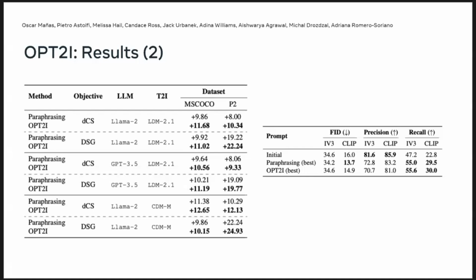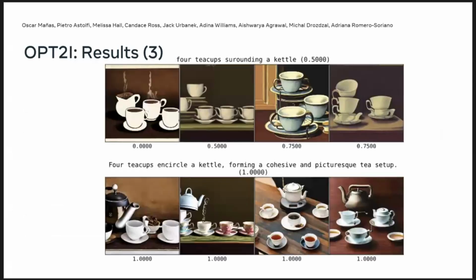And essentially what these results tell us is that, well, FID remains roughly the same across different approaches, but when we take a look at what happens at precision and recall, what seems to be the case is that we are decreasing precision while we're increasing recall. Okay, so I only have 5 minutes left, so I'll just skip a few slides where we were showing some qualitative results of this process.